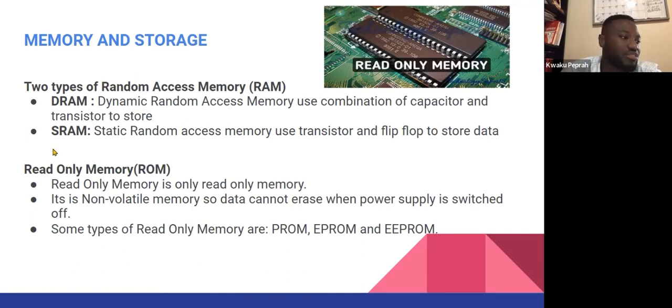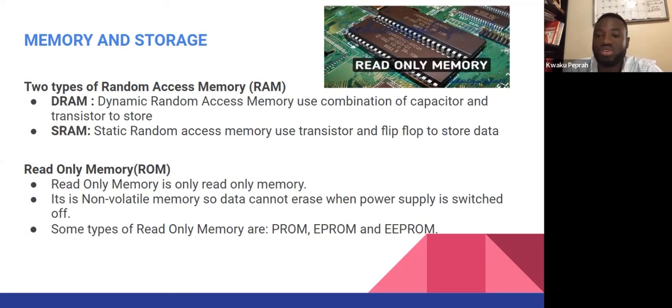Another example of a memory is the read-only memory. Read-only memory is only read-only memory, right? It is used to read data. It's non-volatile memory, so data cannot be erased when the power supply is switched off, right?